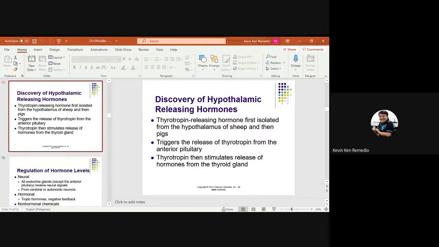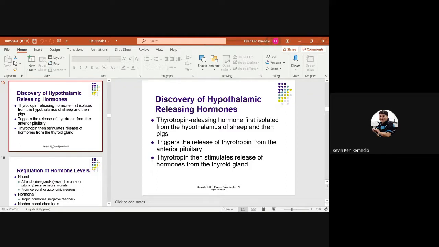Okay, next. So, in around the early 1900s, researchers or scientists in the field of physiology discovered hypothalamic releasing hormones. Okay, naa sila na-discover nga hypothalamic releasing hormones. So, one of the first hypothalamic releasing hormones that they discovered is thyrotropin.